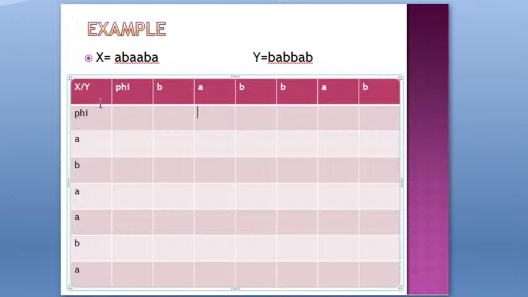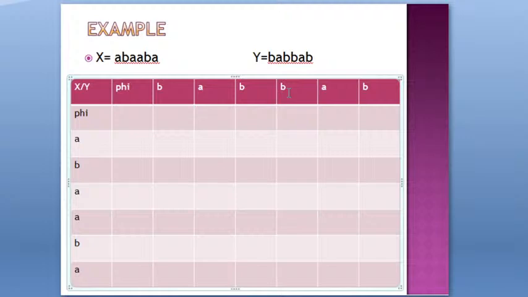That is the reason I told you to construct your table with dimensions m plus 1 into n plus 1. Column name is phi and row name is phi. You can write anything over here.